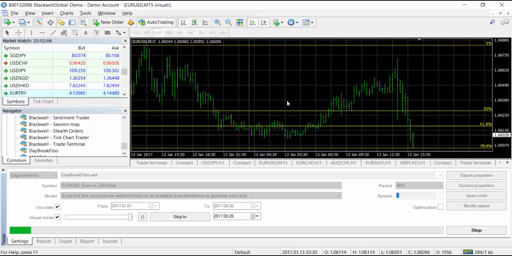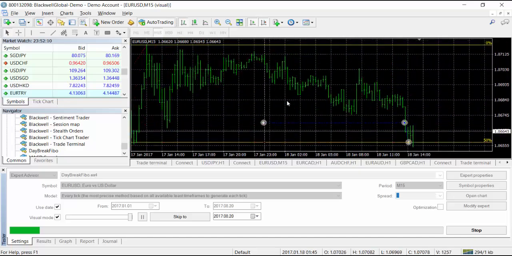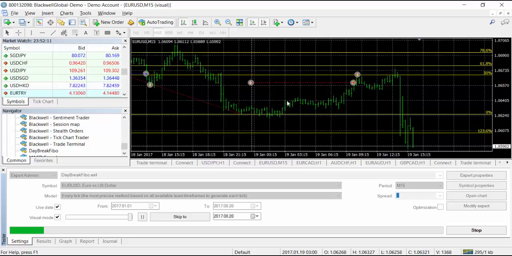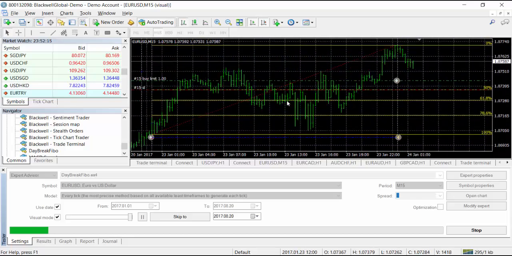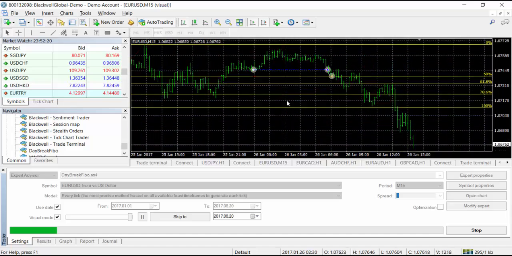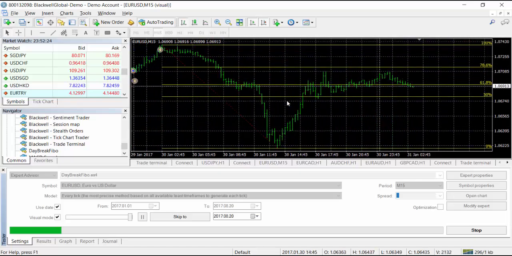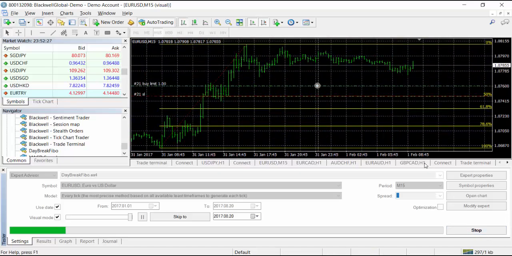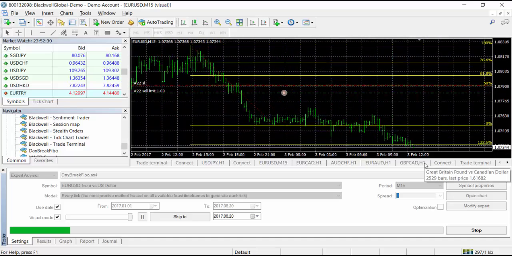I have no idea how good the performance is because I haven't really played around with the parameters. But this is what the strategy tester does for you. It saves you a lot of time because this is now going through the whole year. Look, we are already at the end of a month, and it will just continue for the next couple of months.